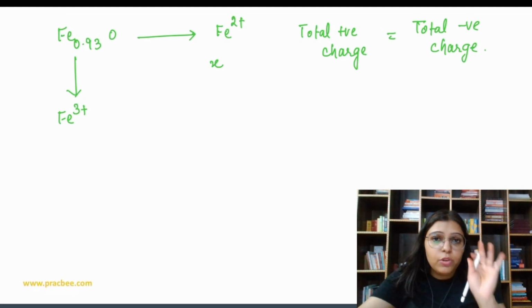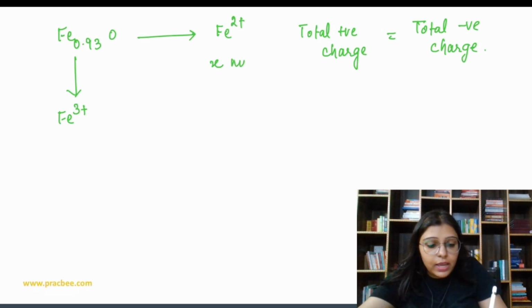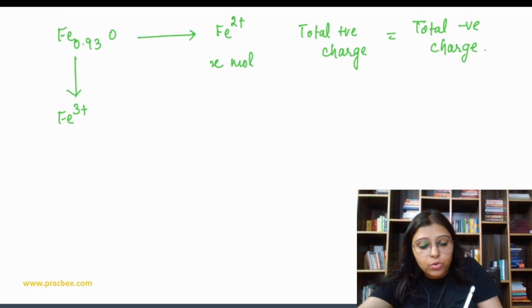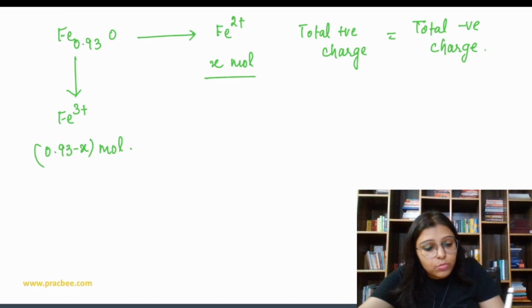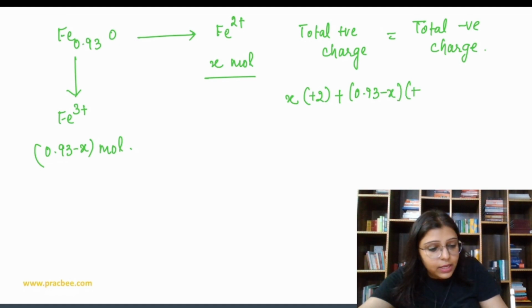I am assuming, let's suppose, the moles of iron 2+ is x. Number of moles of iron 2+ is x mole. So iron 3+ mole is going to be 0.93 minus x. ठीक है? Now, total positive charge is equal to total negative charge. In order to calculate total positive charge, how can we calculate? We have x moles of iron 2+, so x into 2, plus how many moles of Fe3+? 0.93 minus x, and here plus 3, and that is equal to total negative charge.